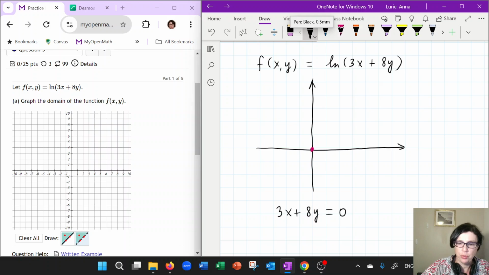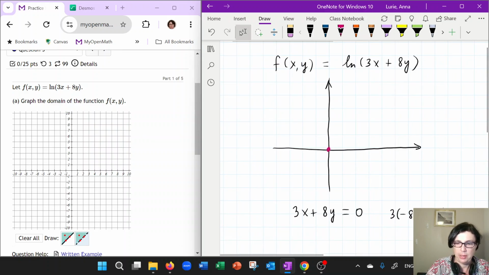So maybe if I choose negative 8 for x, and if I choose 3 for y, that would work. So I think that another point would be here, negative 8, positive 3. I'm not really sure I have space. 1, 2, 3, 4, 5, 6, 7, 8, negative 8 and 3. So something like that.